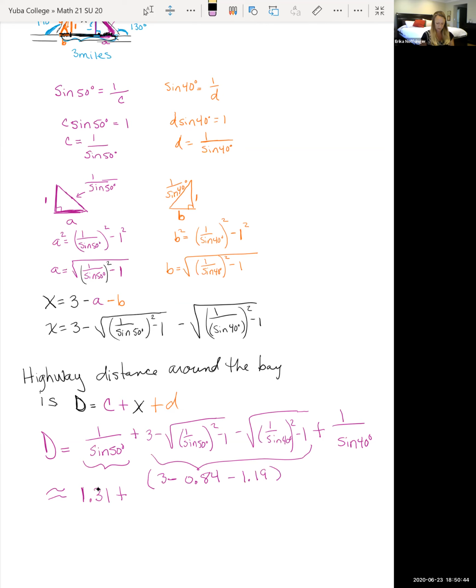So if I took 3 minus 0.84 minus 1.19, just to get my value of x, that distance of x was approximately 0.97.